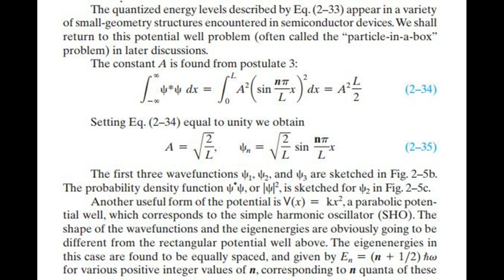Another useful form of the potential is V(x) equal kx², a parabolic potential well, which corresponds to the simple harmonic oscillator. The shape of the wave functions and the eigenenergies are obviously going to be different from the rectangular potential well above. The eigenenergies in this case are found to be equally spaced, and given by En equal (n + 1/2)ħω for various positive integer values of n, corresponding to n quanta of these oscillations.